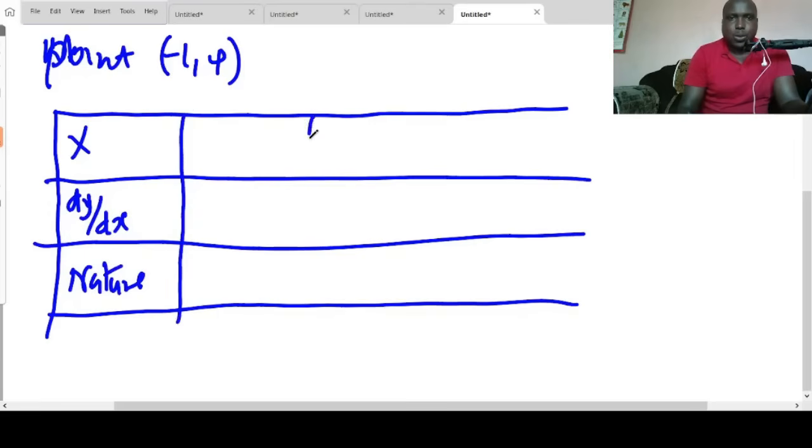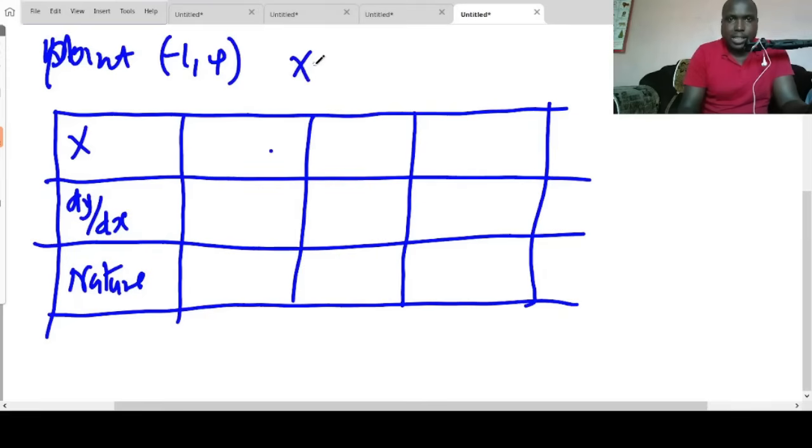Make sure you have 3 columns like this. Our value of x, we are considering x is equal to -1. So we put that value at the center of these 3 columns, 1, 2, 3.